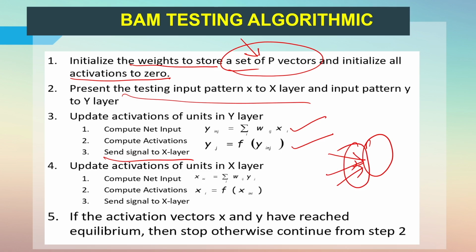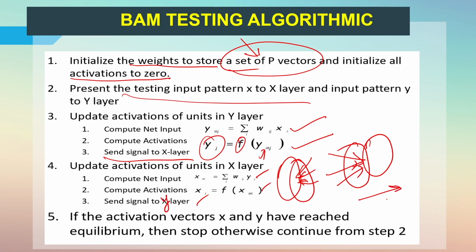Over that net input you apply the activation function. Now you send the signal to the X layer. In X you now have the values, so I have to calculate the functions for this value: net input calculation, application of activation functions, as well as sending the signals to the Y layer.